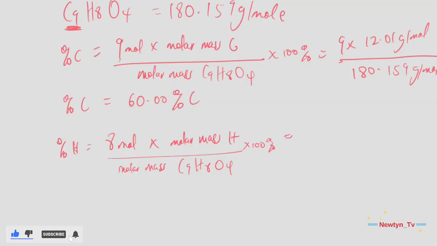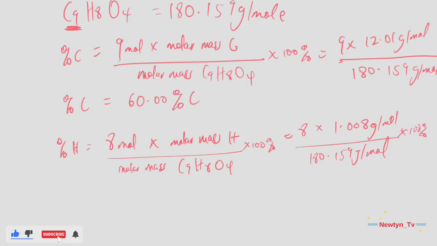We have 8 times 1.008 grams per mole, divided by the total, 180.159 grams per mole, times 100%.